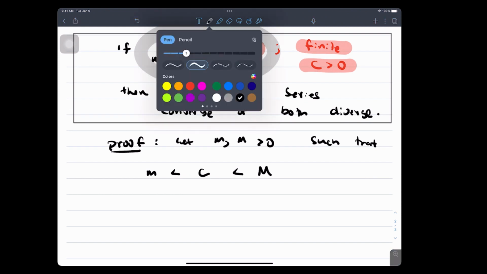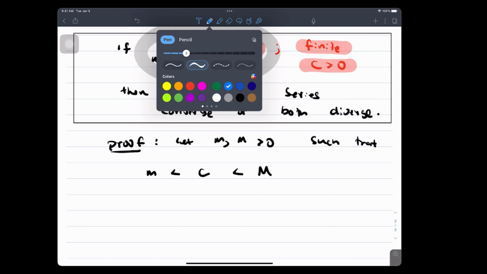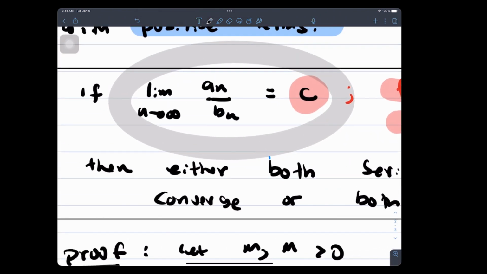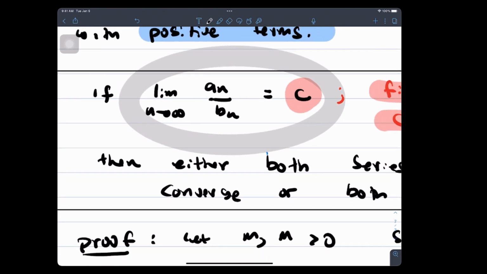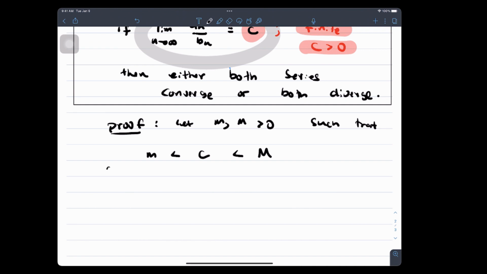So remember what you have here with the assumption. This is my assumption that the limit of this ratio equals C. Okay, because we're assuming that. So I want you guys to always know that that is your assumption. That the limit as n goes to infinity of that ratio AN over BN is C, where C is finite and positive.